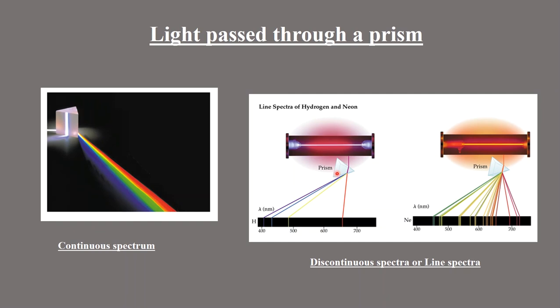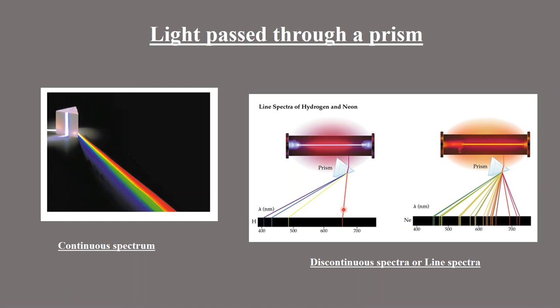But a different type of dispersion is observed when physicists pass the light given off by hydrogen or neon gas. They saw separate lines of colors, and this was a very astonishing discovery. Before that, no one had observed such a dispersion.